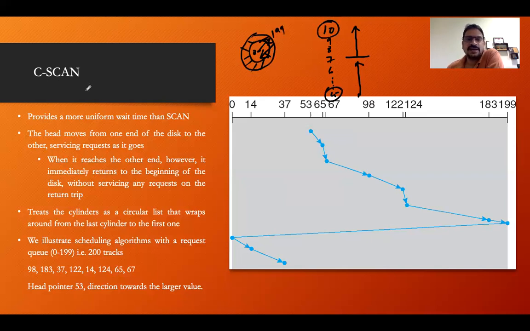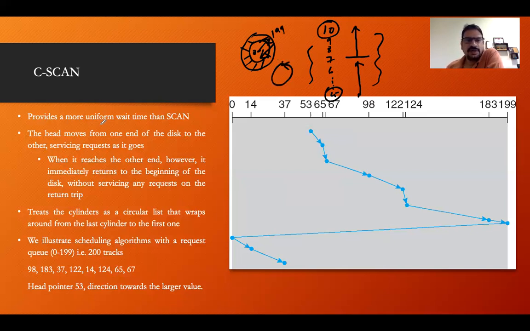In the book that we are following, it is a cylindrical way, meaning from where we stopped, we start from that particular point. So they have assumed it is circular.